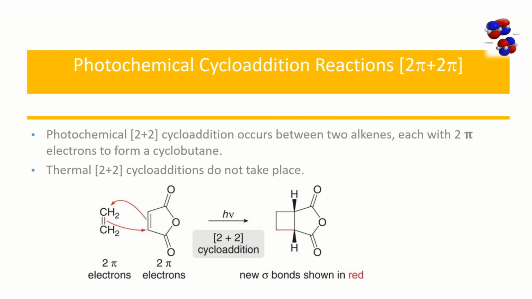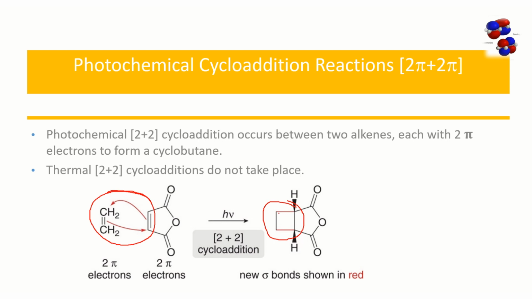Just like the 4 pi 2 pi, which is a thermal event, we can also have cycloaddition which is photochemical. Here we're looking at the 2 pi 2 pi. What exactly is it? You can see that we have 2 moles of alkene combining together to give you a ring.